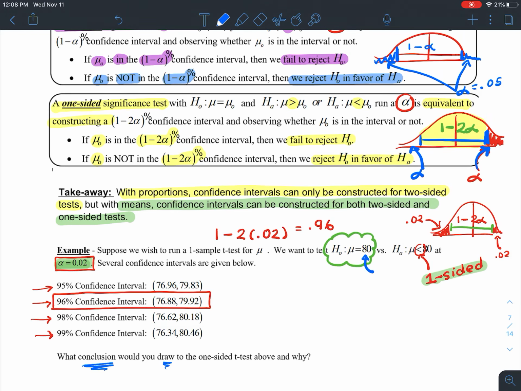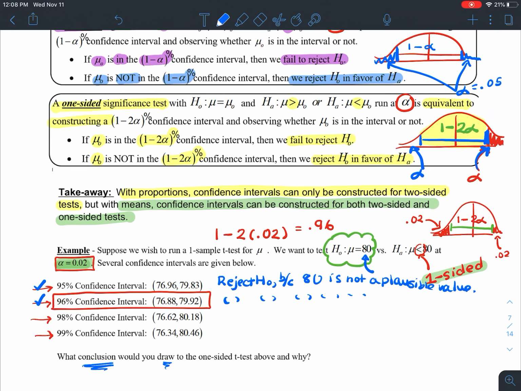Well, we can see that for these first two, 80 is not actually included. So because it's not included, we would be rejecting the null hypothesis, and our reason is because 80 is not a plausible value. Okay, and I would basically make that exact same statement, so I'm just going to put some ditto marks here for the second one.